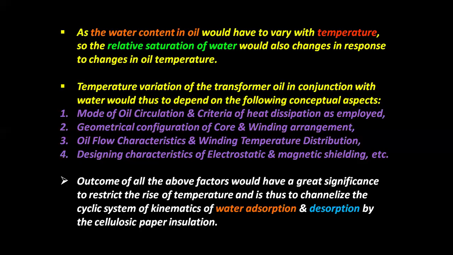Number four, design characteristics of electrostatic and magnetic shielding, etc. The outcome of all the above factors has great significance in restricting the rise of temperature and thus channelizes the cyclic kinematics of water absorption or desorption by the cellulosic paper insulation.